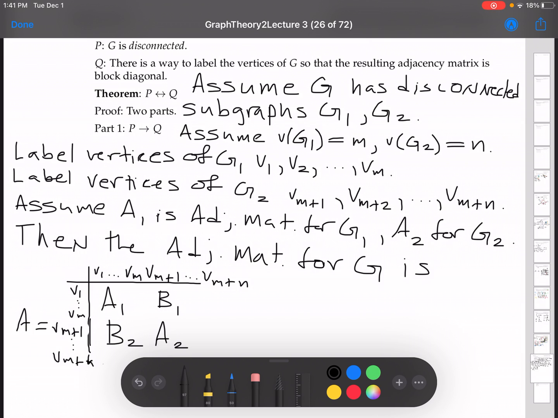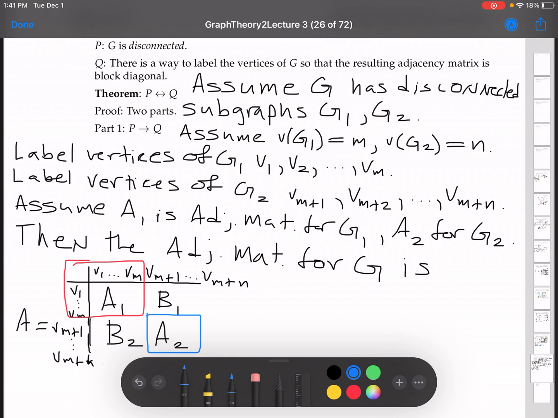That's why this part here corresponds to G1. And similarly, this is all of the information for G2, because we've labeled all the vertices Vm plus 1 through Vm plus n, so all of that information is contained there.